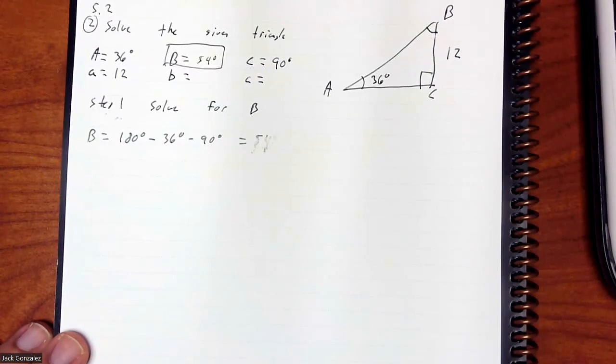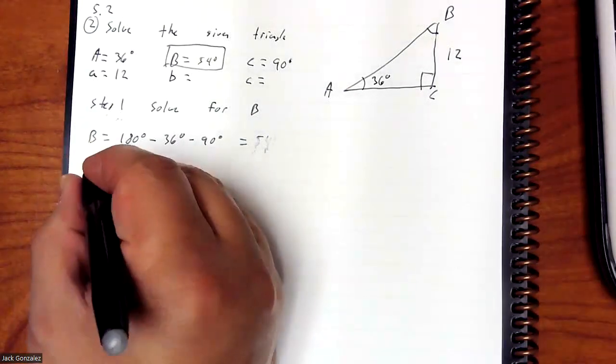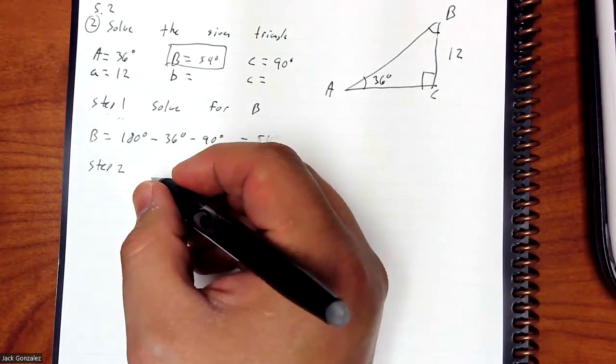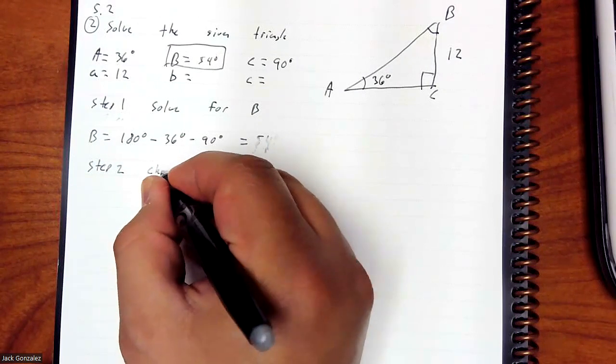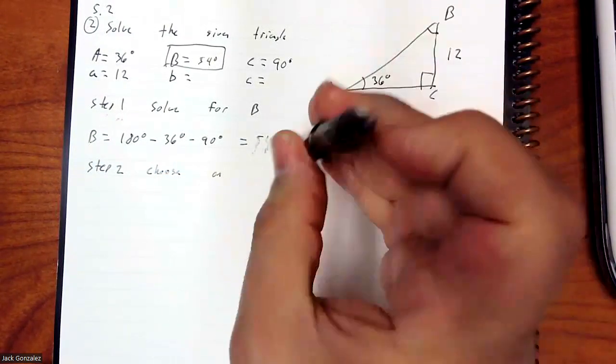Okay. Once you have that, use your trig functions to find a, b and c. So if I want to find the little b, man, smeared it.